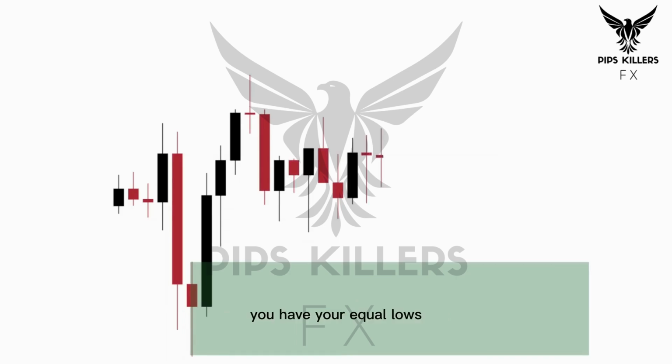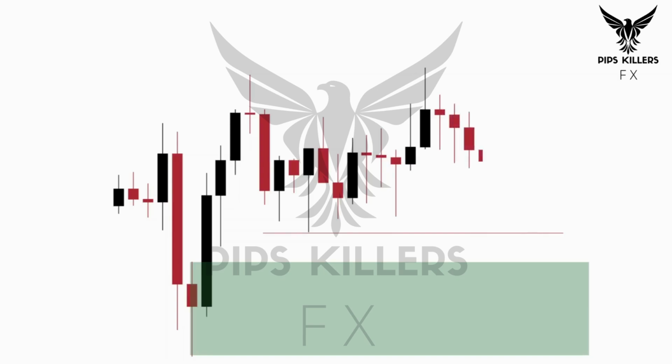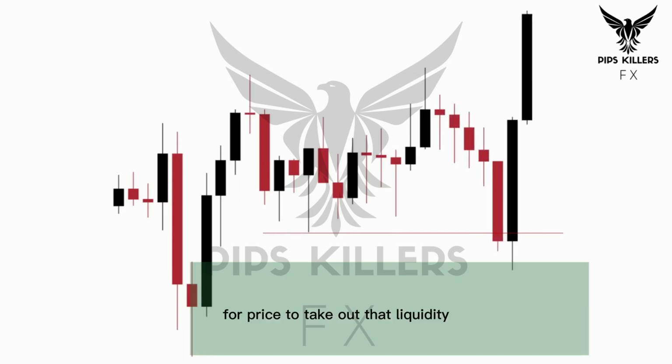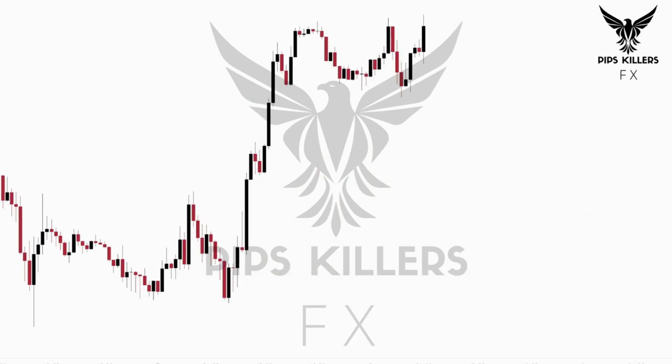You have your equal lows for price to take out that liquidity and use your order block as a rejection. So here's an example. You have your inducement right here.